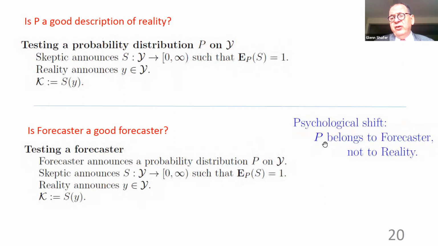There's a psychological shift. And so in game-theoretic probability, this is the way we think. We think of a forecast, a probability distribution, as something we're trying to evaluate for its connection with reality. It's not just my opinion. It's not good enough just because it's my opinion. It's got to fit what happens.